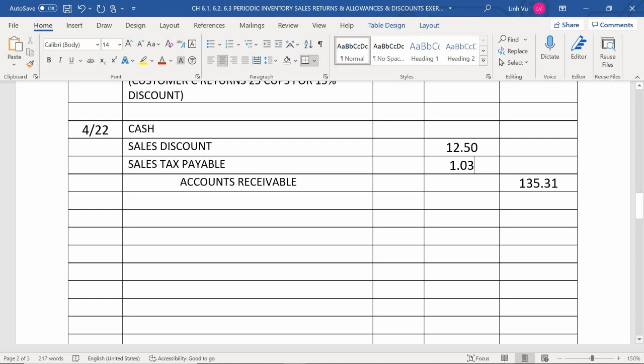Then what amount of cash am I going to be receiving from customer B?